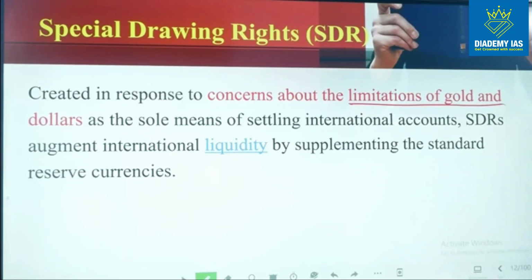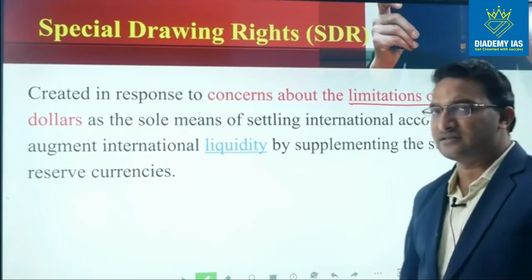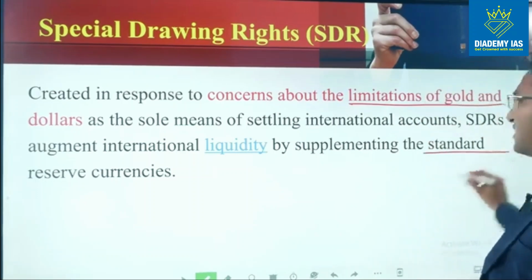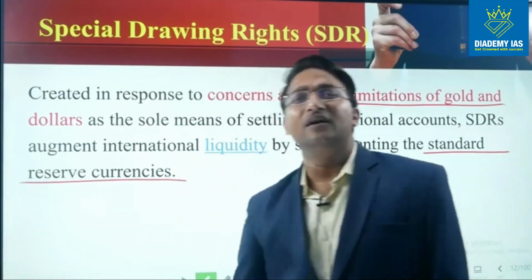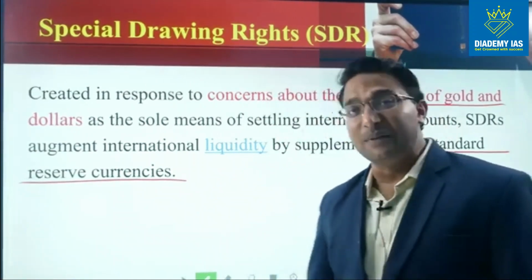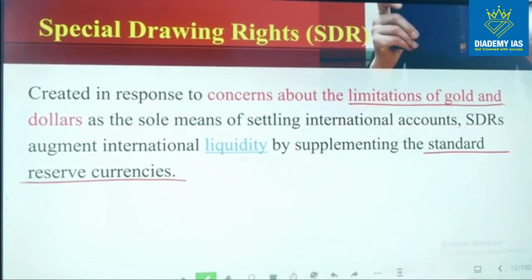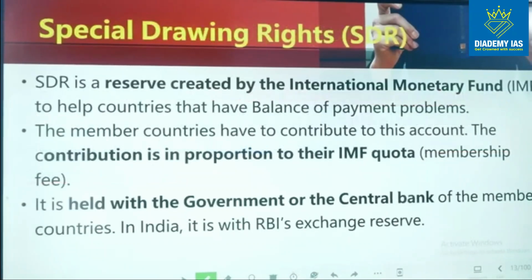SDR augments international liquidity by supplementing the standard reserve currencies. So the standard reserve currencies, that is the dollar and the gold, are supplemented by the SDR to increase the international liquidity.